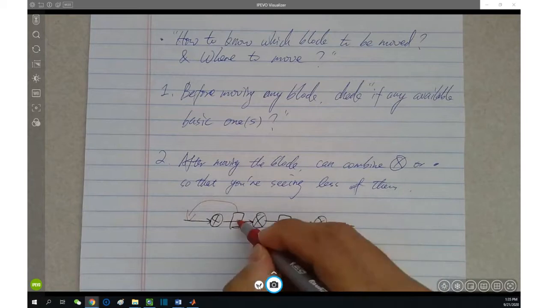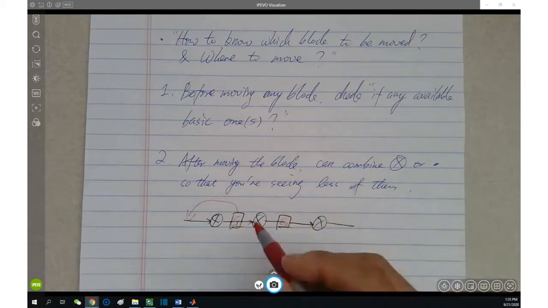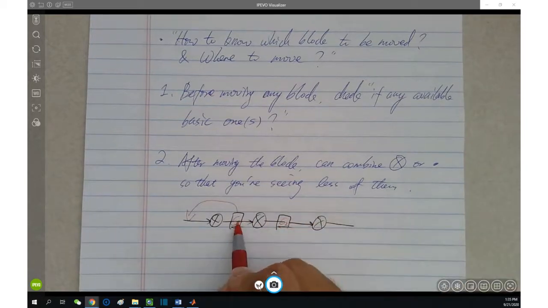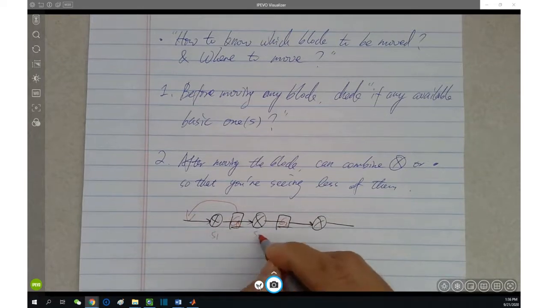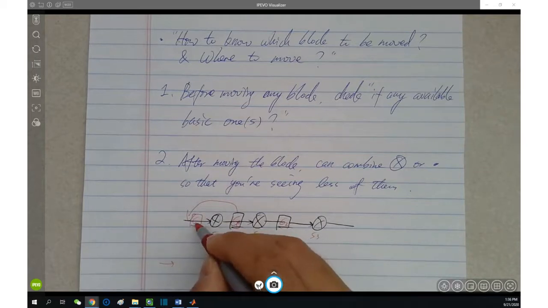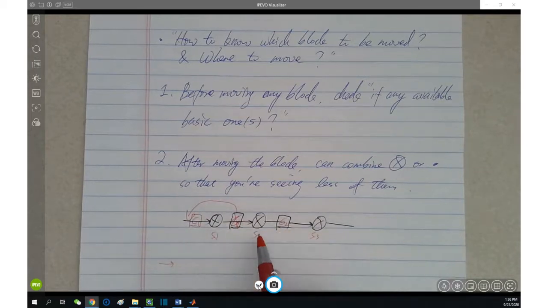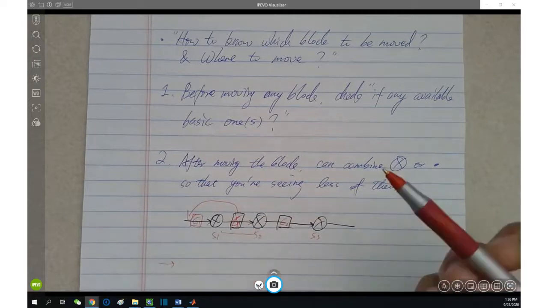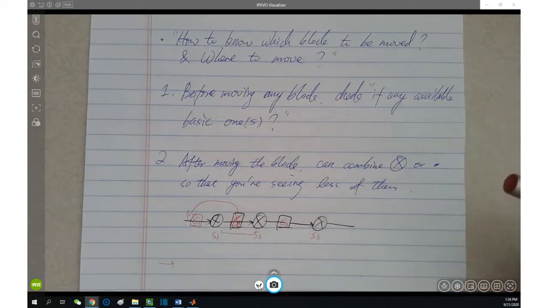Let's say this is G1, this is G2. If you move G1 from the output side to the input of summing junction 1, what's going to happen? G1 is over here, right? That's 1 and that's 2, becomes adjacent, next to each other.